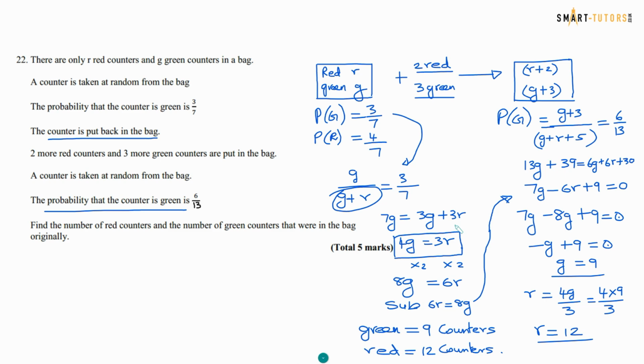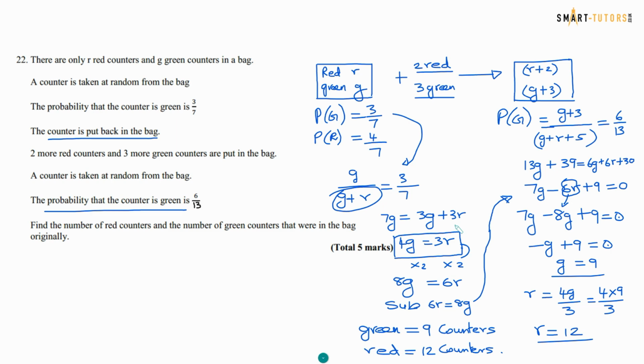So 7G minus 6R, and I need to make up the 6R from here. By timesing both sides by 2, 8G equals 6R. So I'm replacing the 6R with 8G. So 7G minus 8G plus 9 equals 0.